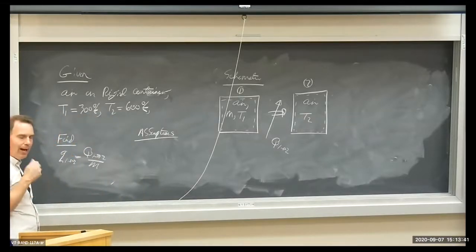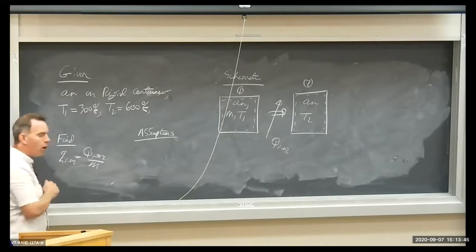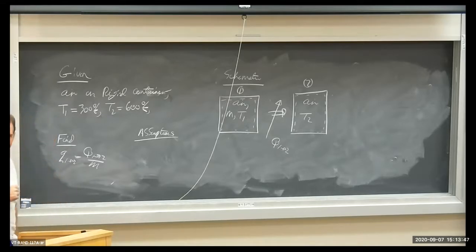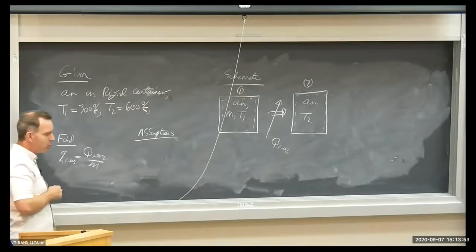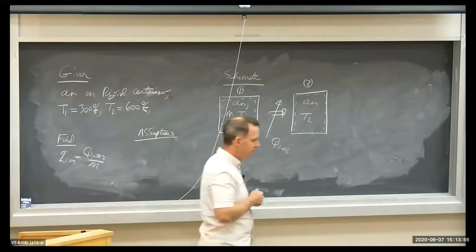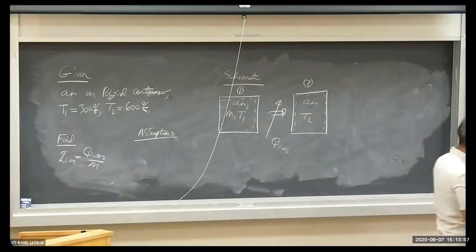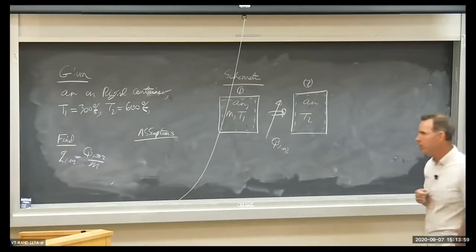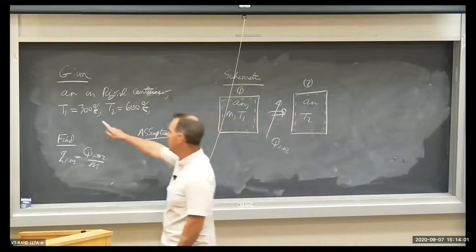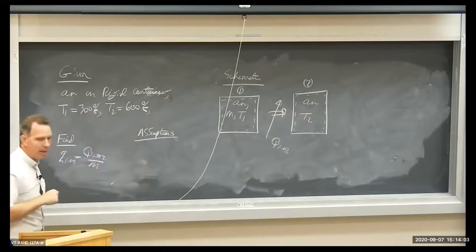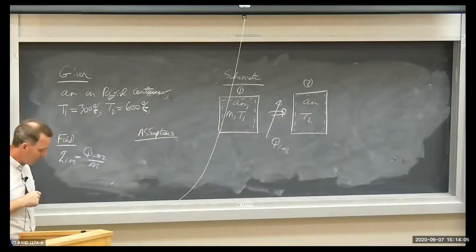I want to know how much heat is required per unit mass, lowercase q, Q divided by m, to raise the temperature of this air contained in a rigid container from 300 to 600 degrees Kelvin. Okay?